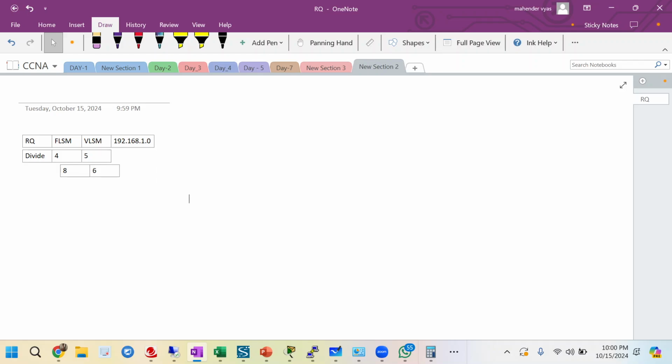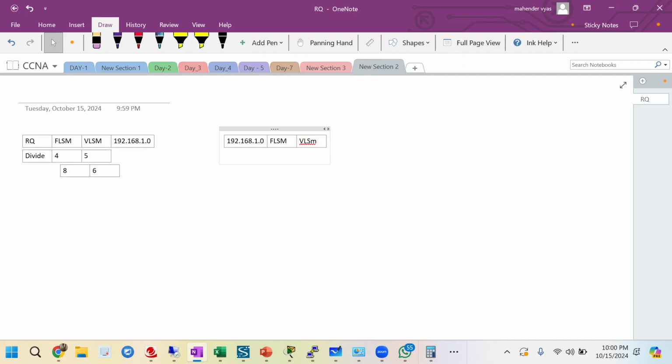Now let's see, if I divide 192.168.1.0 using FLSM and VLSM, what I will get.